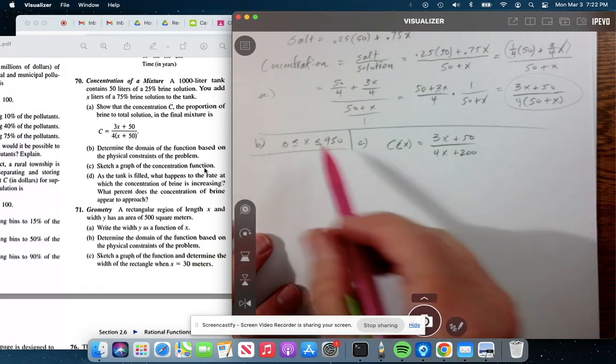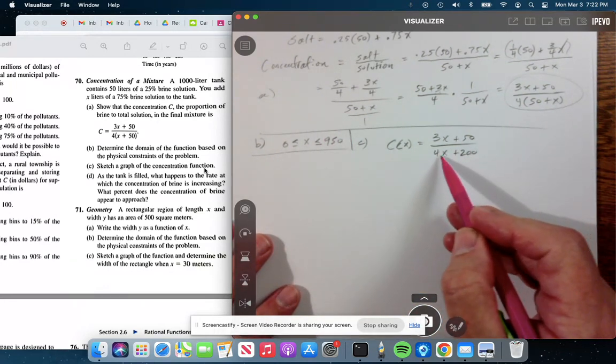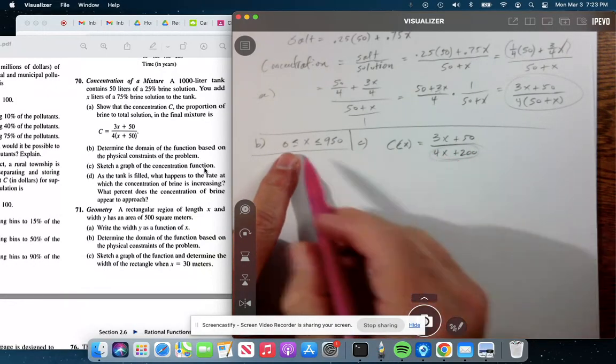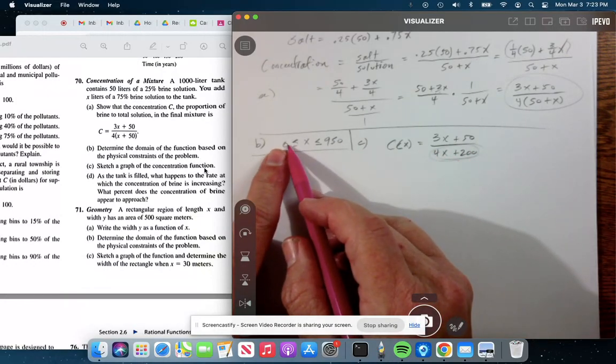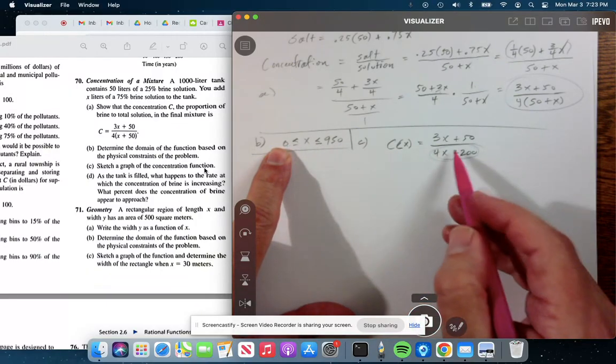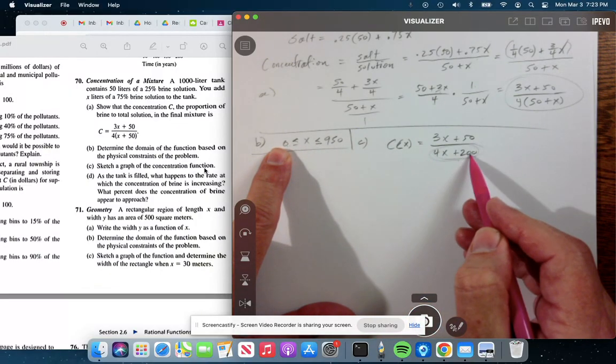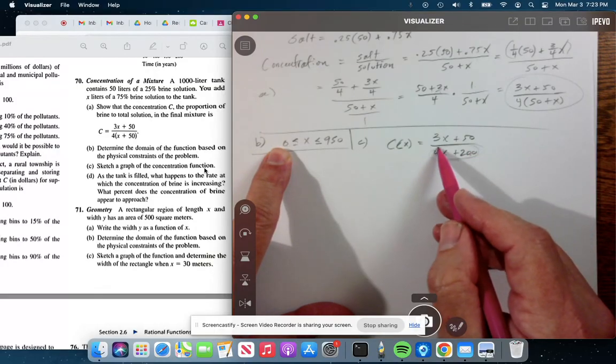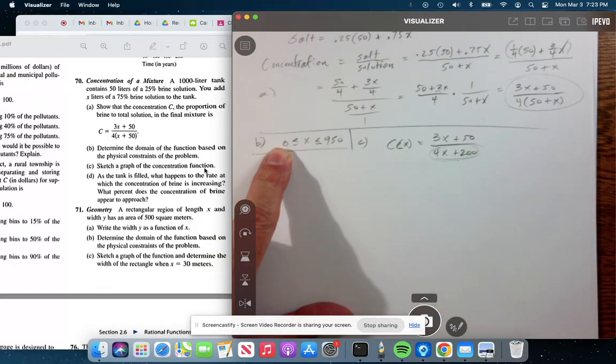Okay, and we know that x can't be less than 0, so we don't have to worry about what makes the denominator 0, because nothing will, right? Because the smallest number I can really input here is 0, so that's going to give us a minimum of 200 right there, for the denominator, I mean. So I don't have to worry about vertical asymptotes and all that.